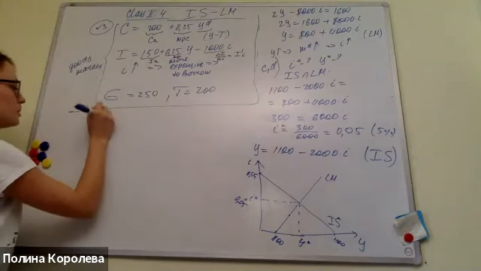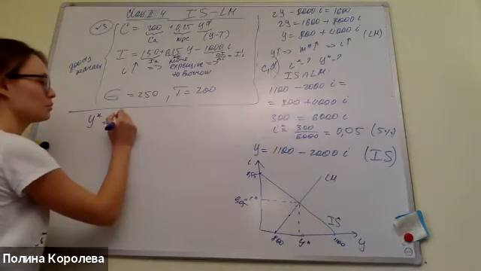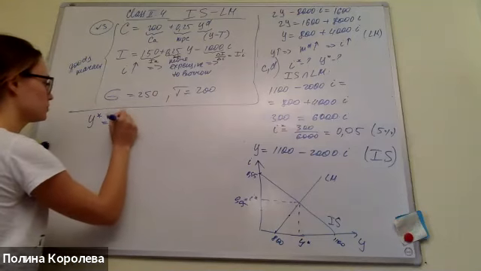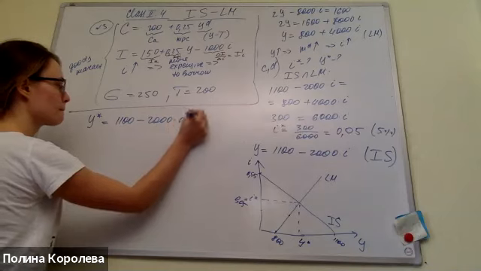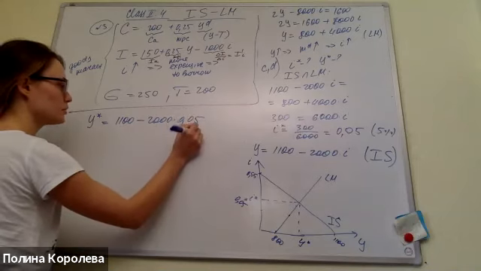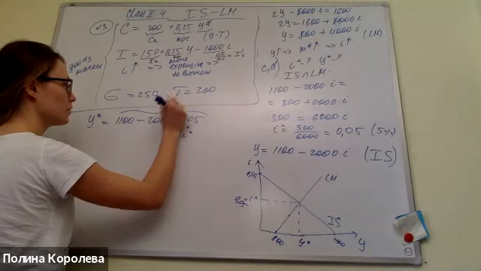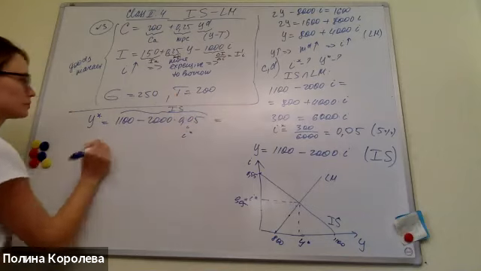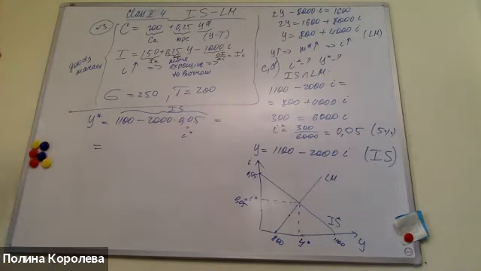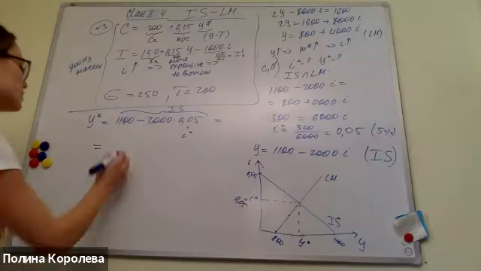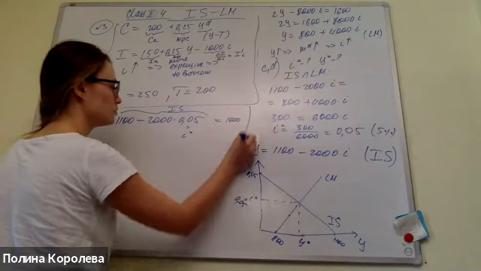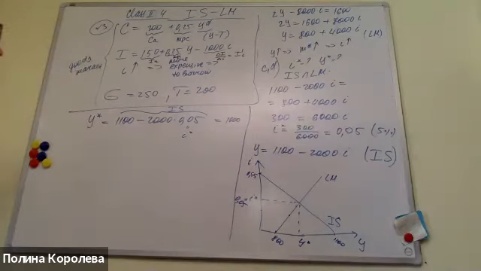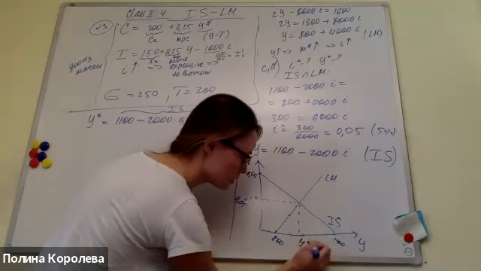So equilibrium GDP will be equal to, for example, let's put it in IS, the formula for IS, with the equilibrium interest rate. 1,000, yes? Our equilibrium GDP is 1,000.